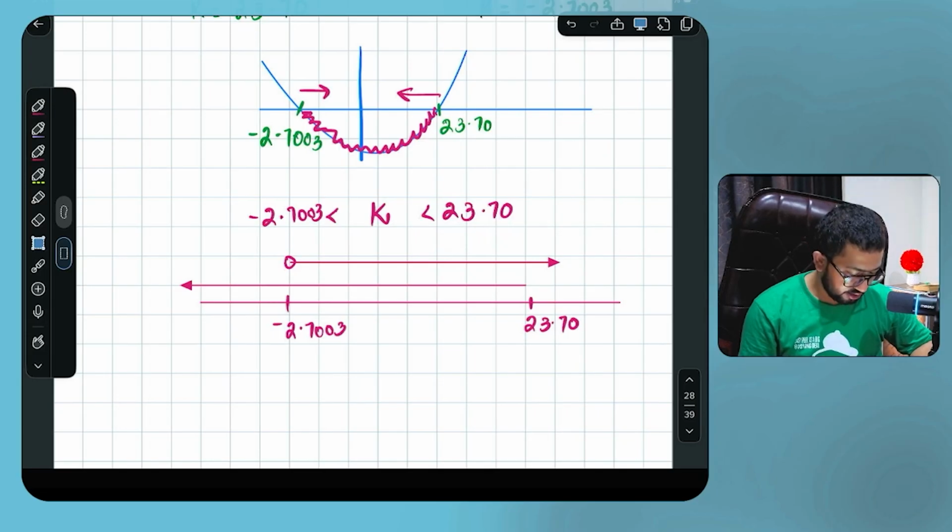Perfect. So which is the common part? That is the common part for both of them.